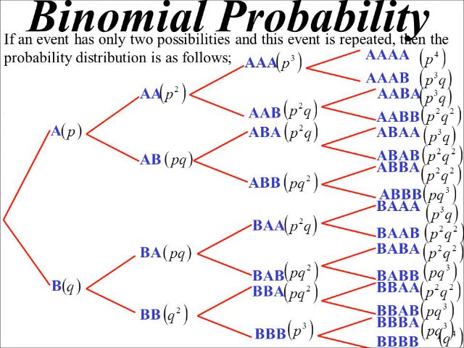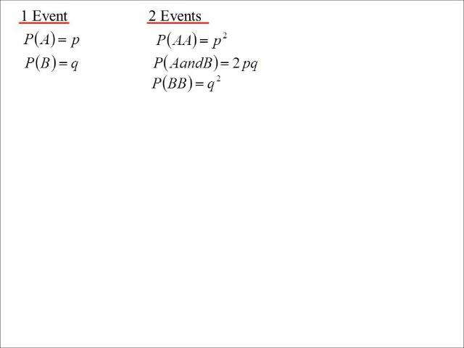All these things possibly look familiar if we look at it differently. When there was one event, the probability of A was P, the probability of B was Q. With two events, there's the probability of AA. But if I don't care about the order, the probability of AB was PQ, but so was BA, so we get 2PQ.